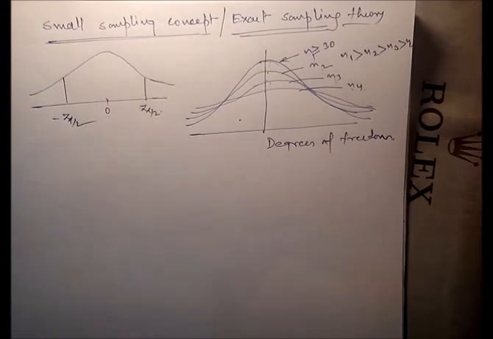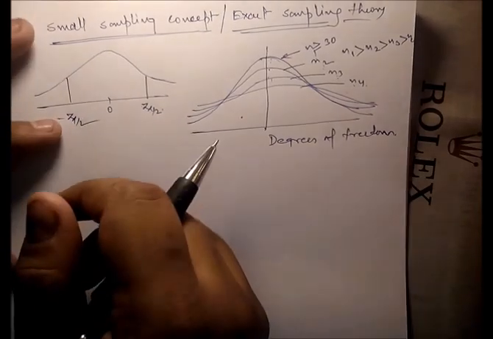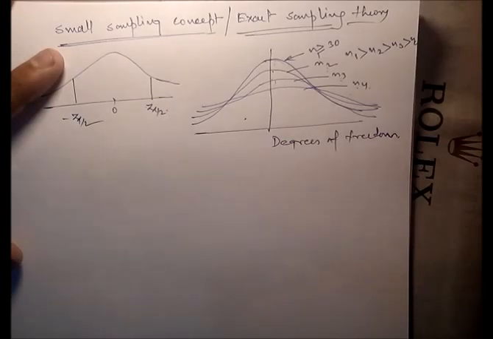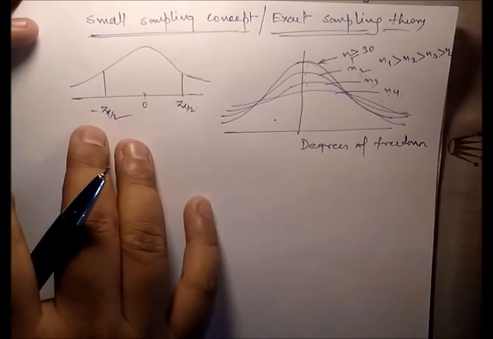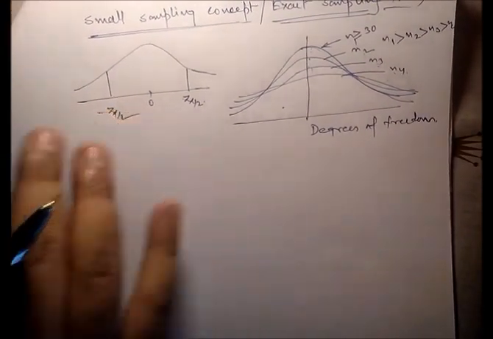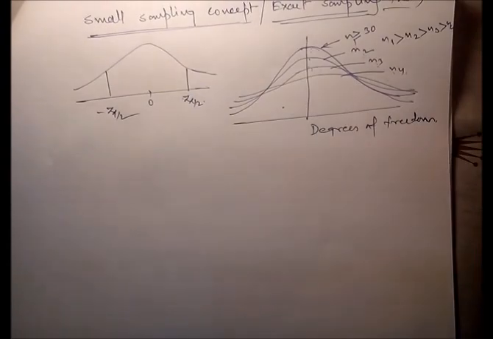Now, steps of hypothesis testing for small samples using the t-test. First is hypothesis testing of population parameters from small samples, that is, tests or hypotheses about the population mean.